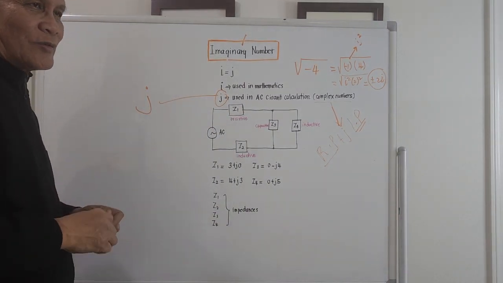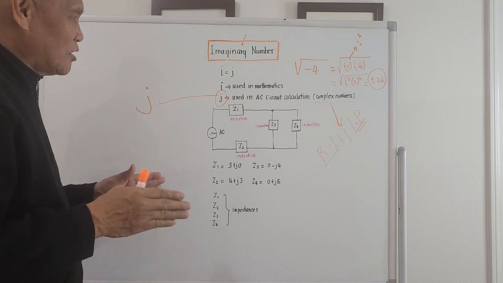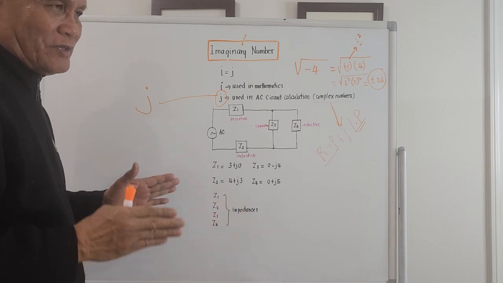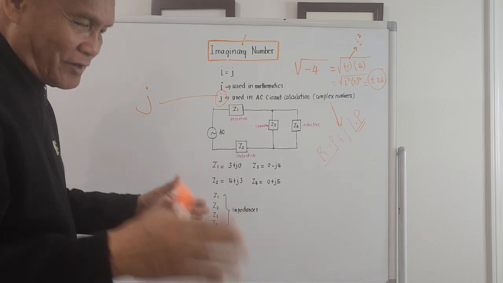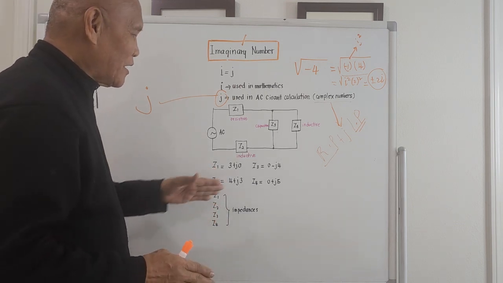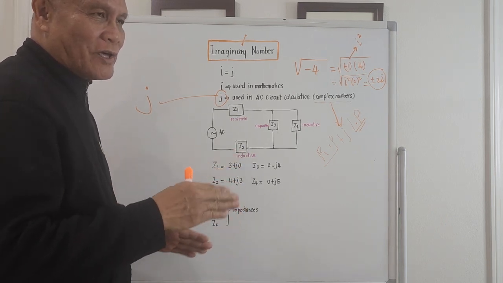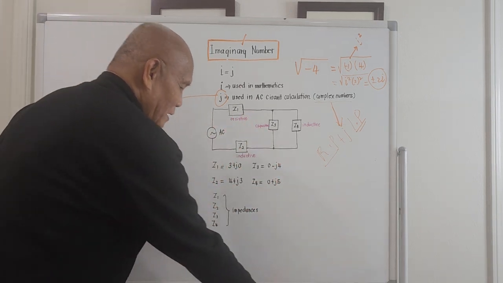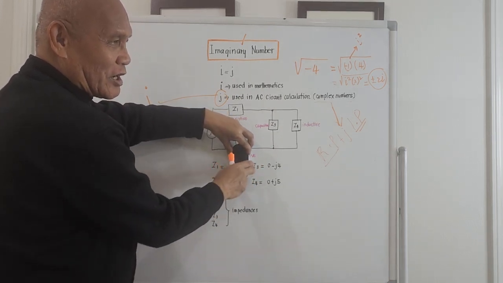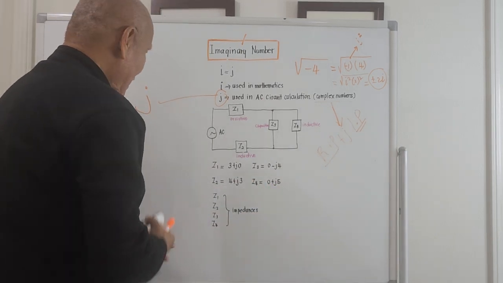So the most important thing about the imaginary number is that it is equivalent to letter J, and in reality it is very useful to mankind because in the calculation of alternating current circuits we use the letter J, because the calculations involve a real part and an imaginary part. Unlike in a direct current circuit, we are only calculating real parts over there. There is no such thing as a plus J something on a DC circuit.